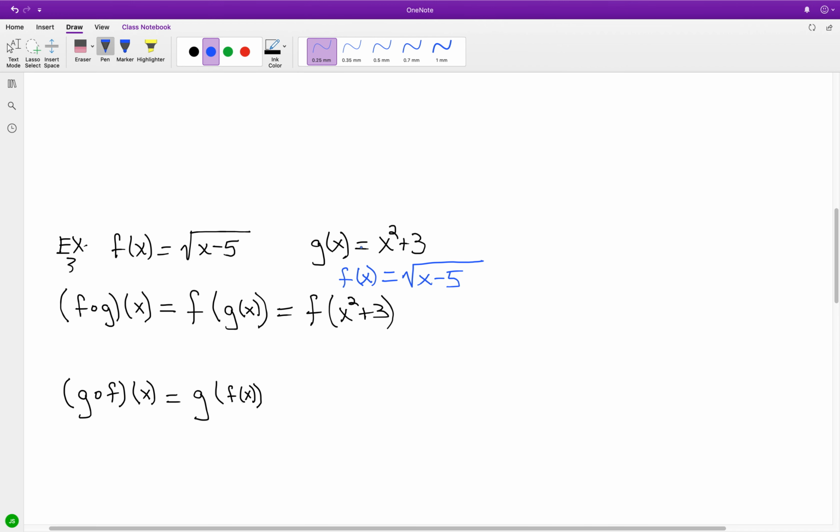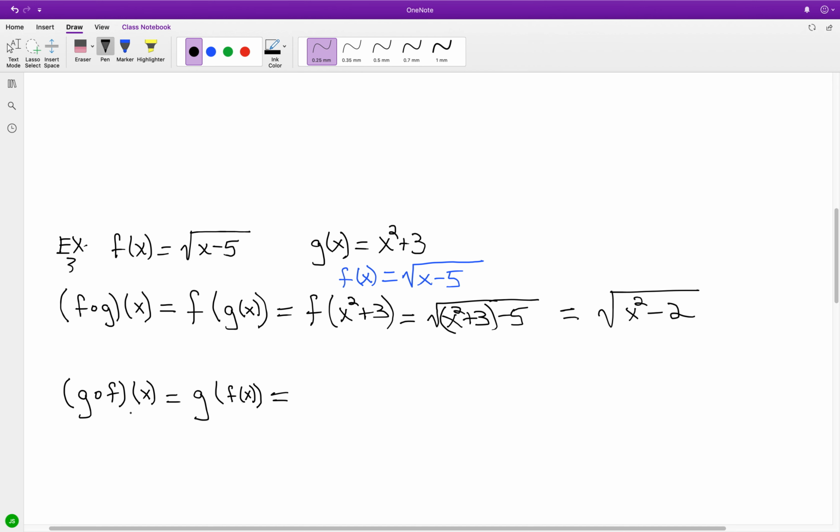And so the input is now x squared plus 3, so we have x squared plus 3 minus 5. And so for the result here, we have the square root of x squared plus 3 minus 5, which becomes x squared minus 2. So the composition, f composed with g of x, becomes the square root of x squared minus 2.